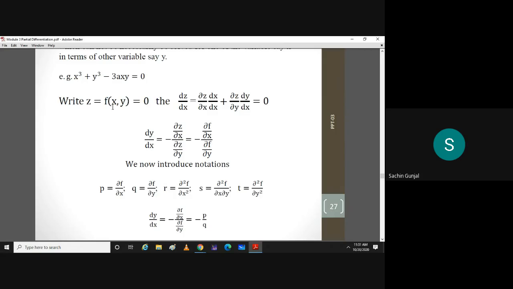If f(x,y) was the function, what was df? Tell me from the definition of total derivative. What is df? First ∂f/∂x into dx, right. Okay, I got it, sir. Good.